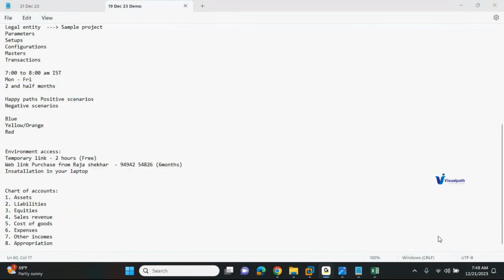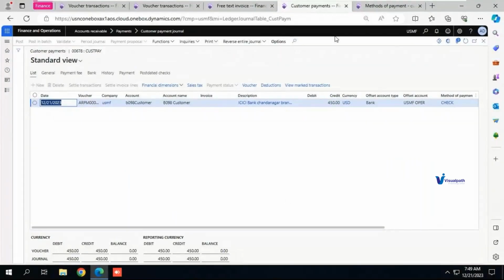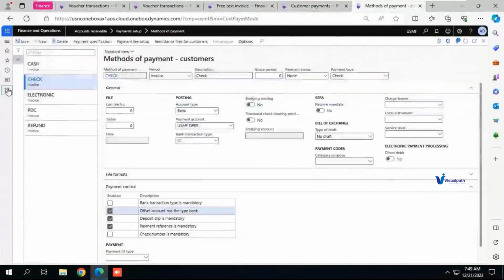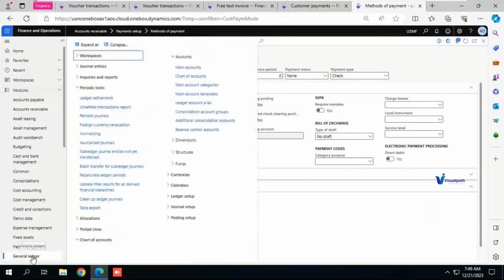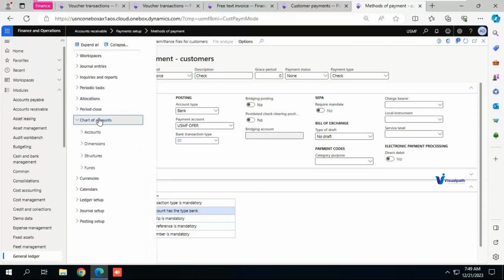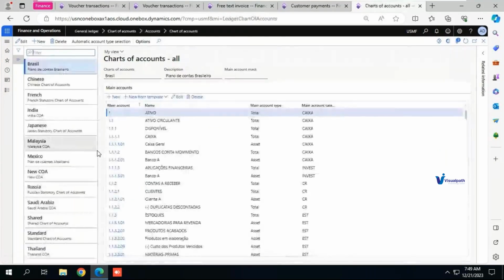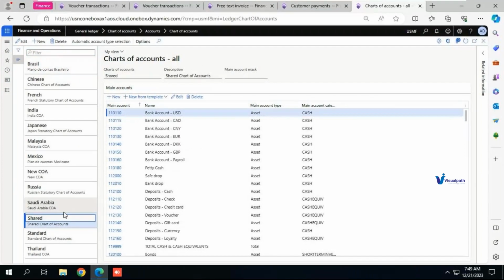Where can we see these things? Let me go to the application. You can see here chart of accounts, general ledger, collapse all, chart of accounts. In the shared chart of accounts, you can see one assets.